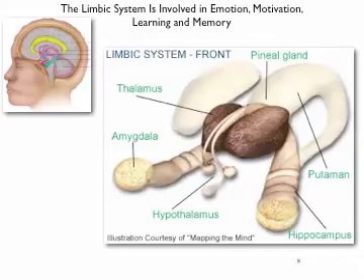So the limbic system we know to be involved in emotion and motivation, learning and memory, some basic and yet very complex types of behavior that require the limbic system to be functioning normally. And we'll talk about how certain drugs can act on limbic regions to change some of these behaviors.